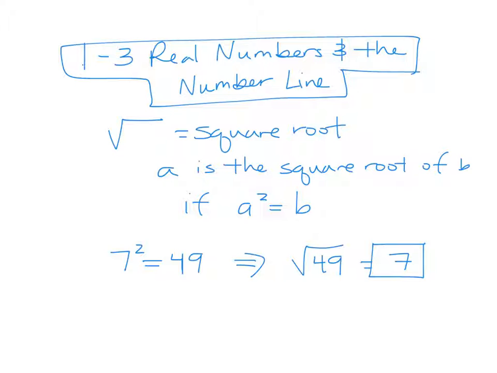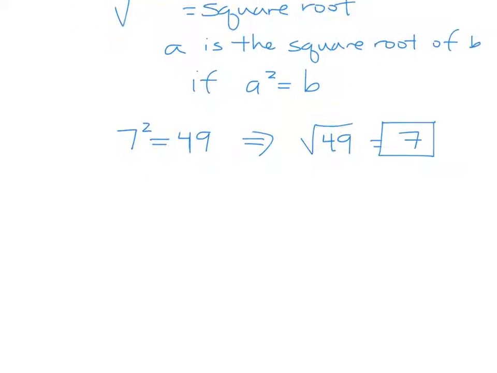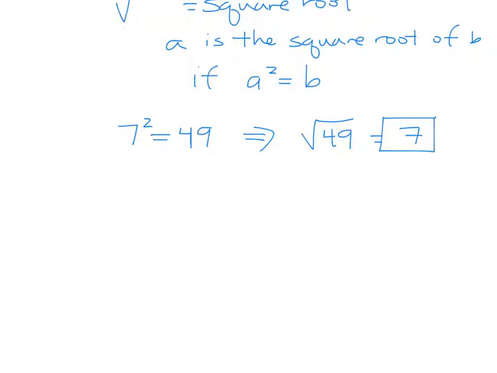Okay? So there's some symbols and names that go along with this. If I have this set up, okay, the whole thing is your radical. But then your radical symbol is just this square root sign.